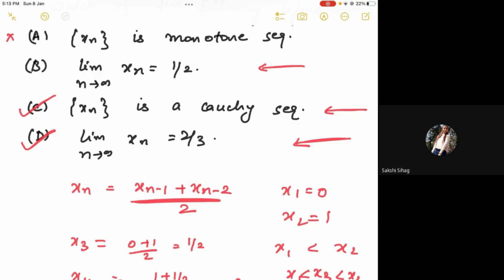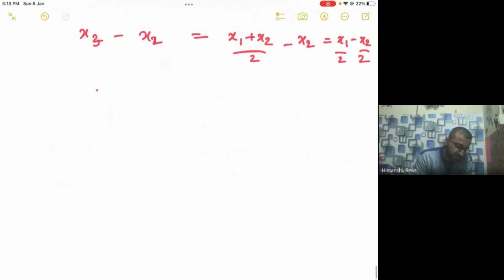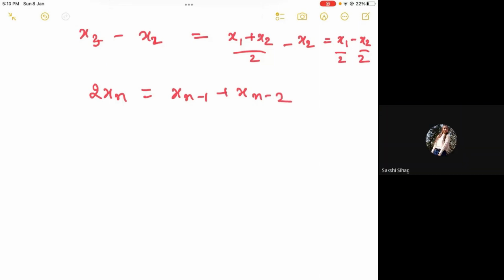And if we divide throughout by xn, that is 2 equals xn minus 1 upon xn plus xn minus 2 upon xn.